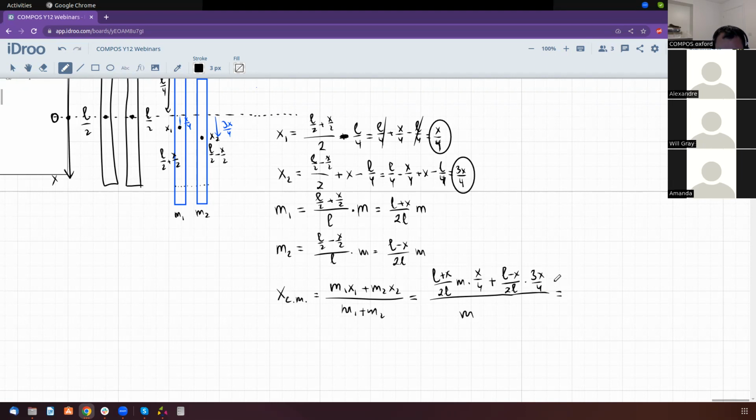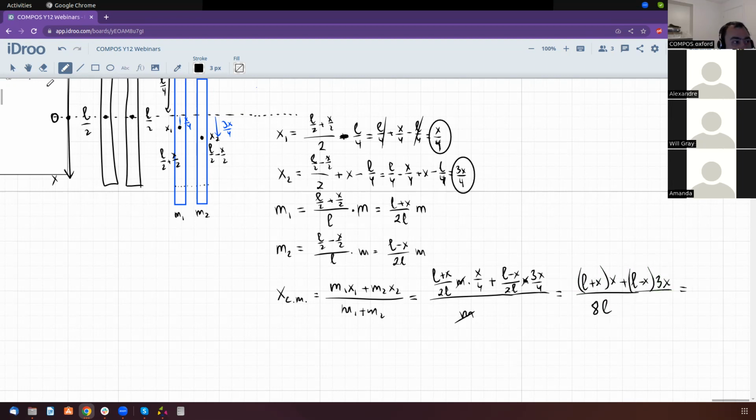All right, and times M. So M cancels, which is good for us. So there's going to be 8L, we can drop that down, 8L, and this is going to be L plus X times X plus L minus X times 3X.